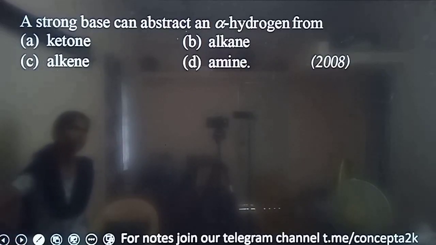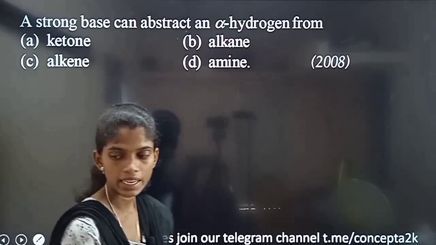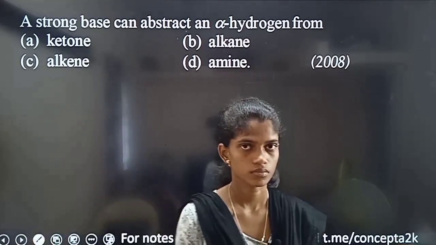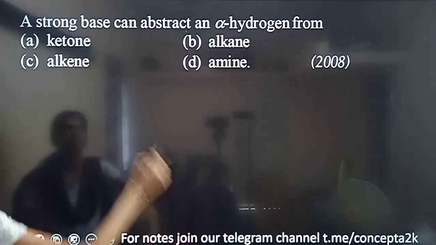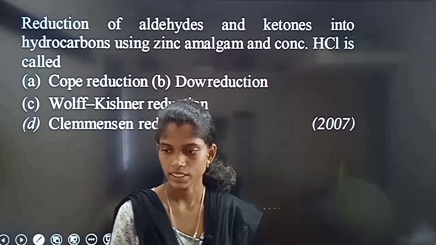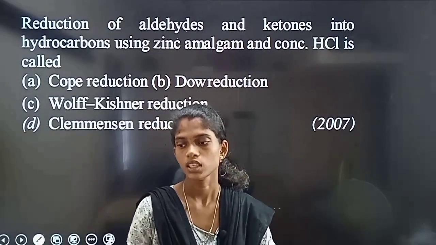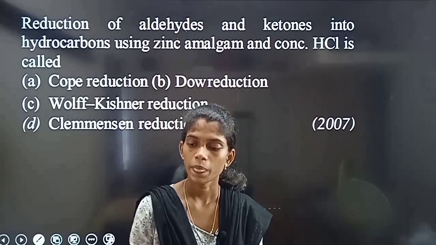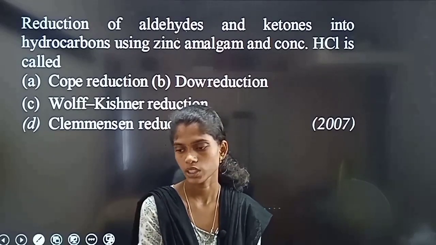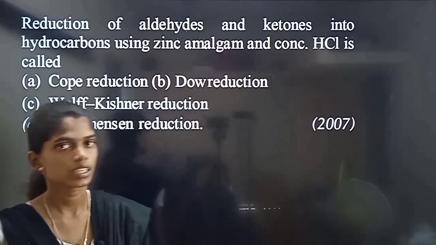A strong base can abstract an alpha hydrogen from ketone, alkane, alkene and amine. Reduction of aldehydes and ketones into hydrocarbons using zinc amalgam and concentrated HCl is called option A Clemmensen reduction, option B Dawes reduction, option C Wolff-Kishner reduction, D Clemmensen reduction.